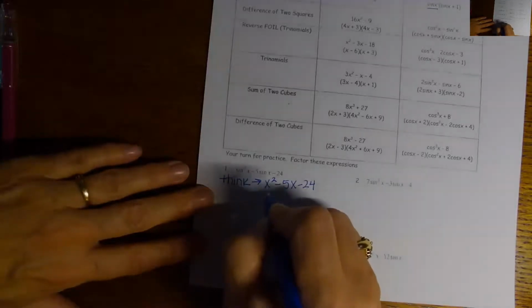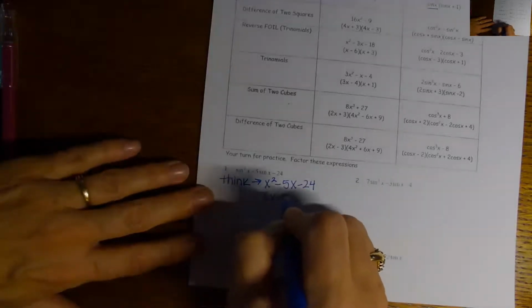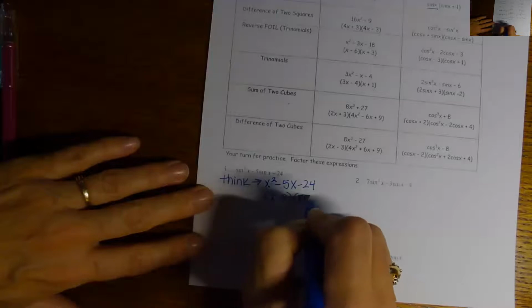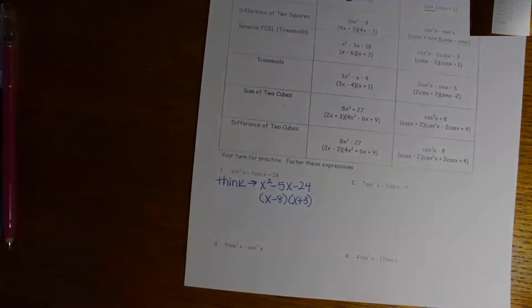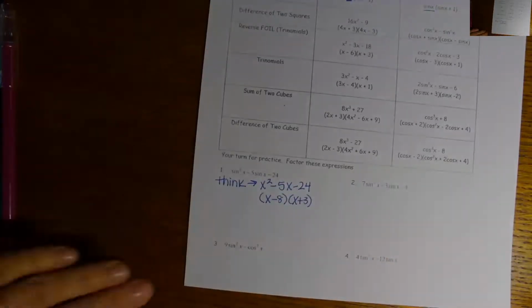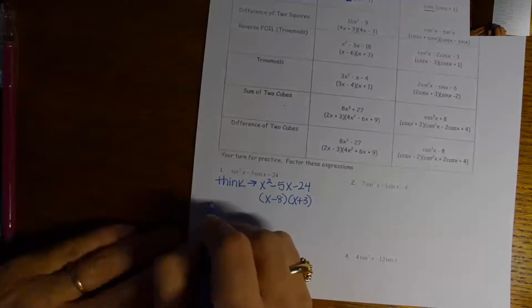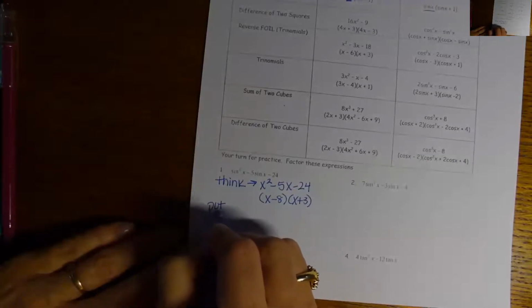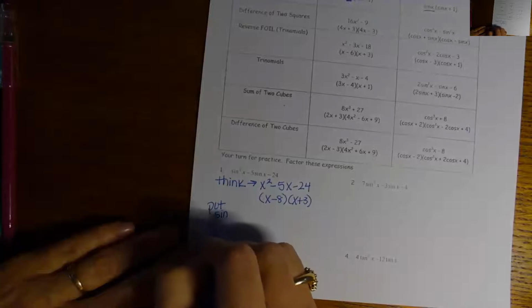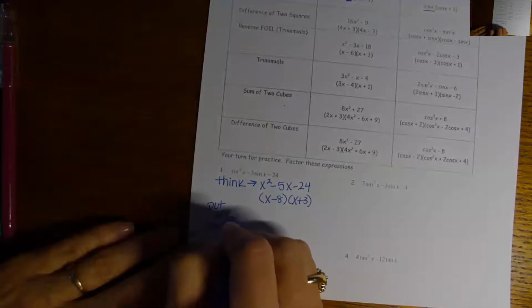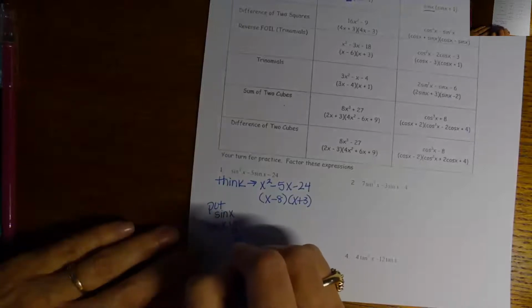Now, how would you factor this? x minus 8, x plus 3. Did I do that right? It's early in the morning. Okay. Now put sine back in. Put sine x back in for x.